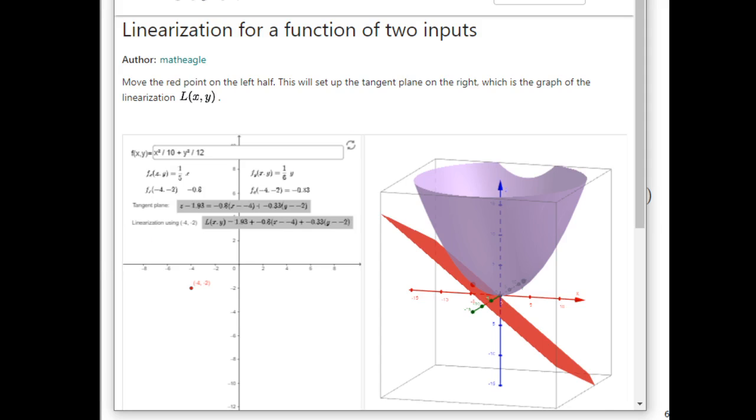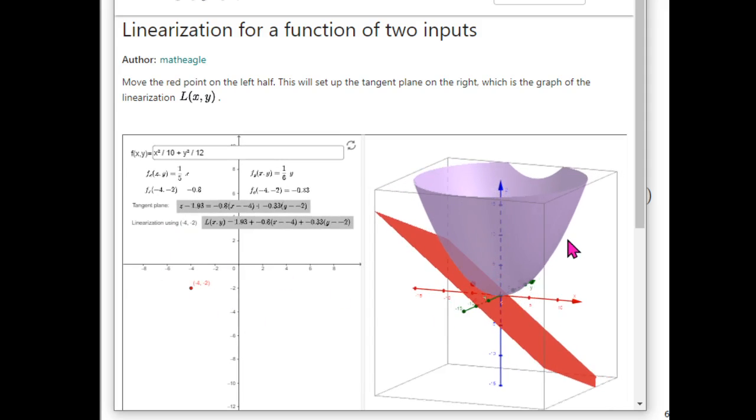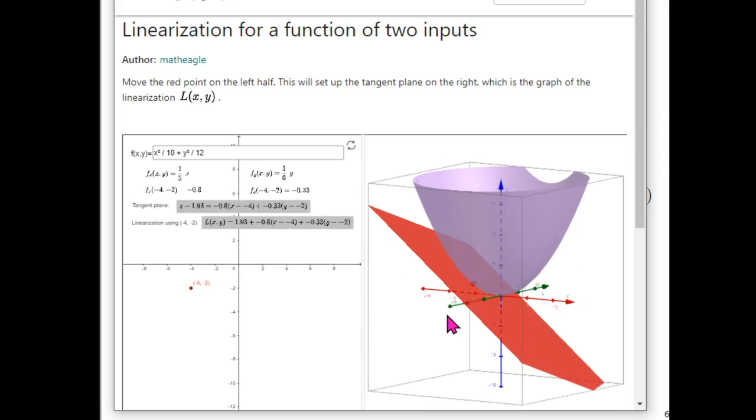You can type in your own function if you want at any point, but the default one in here is x squared divided by 10 plus y squared divided by 12. And here, we're seeing the linearization, which is based at the point -4 comma -2, and you'll see in purple is the graph of the original function f, and then here's the tangent plane.